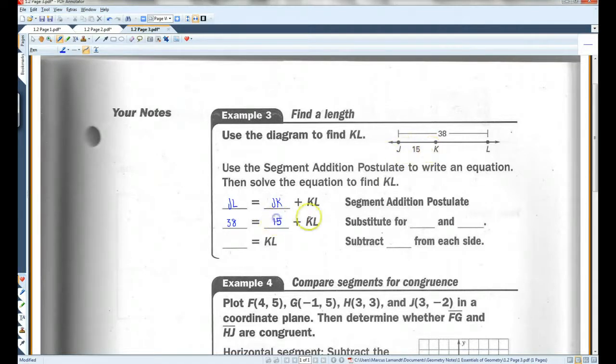So I'm going to substitute those two numbers for JL and JK. Now if I subtract 15 from both sides, this cancels out, and I'm left with 23. So KL is 23.